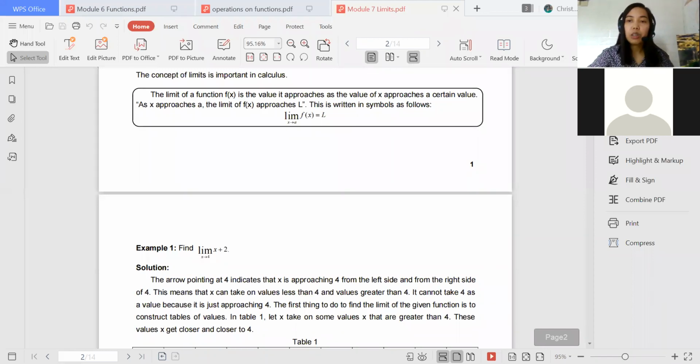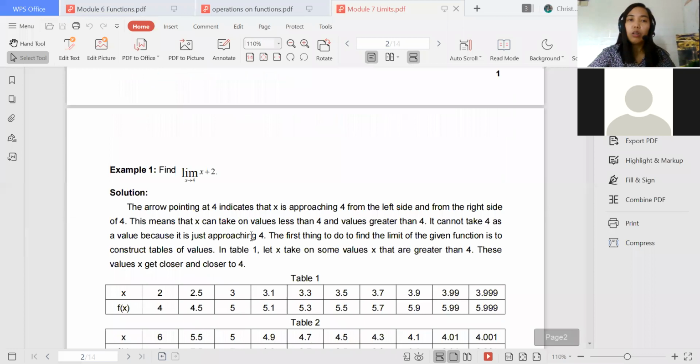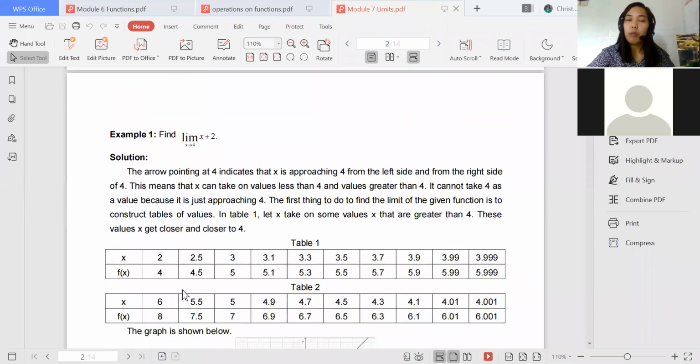Okay, so we will check what we mean by limit in calculus, by using the table and the graph. So example number 1, find the limit of x plus 2 as x approaches 4. The arrow pointing at 4, when we say x approaches 4, yung value ni x ay papalapit kay 4.